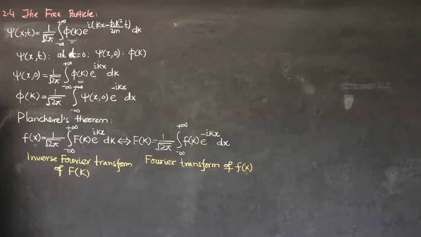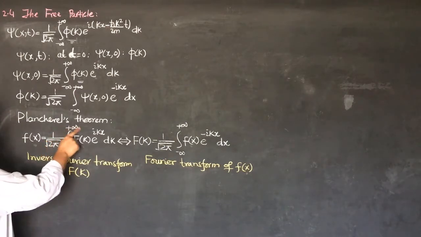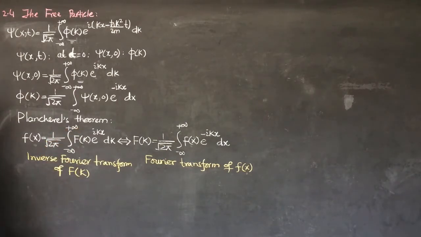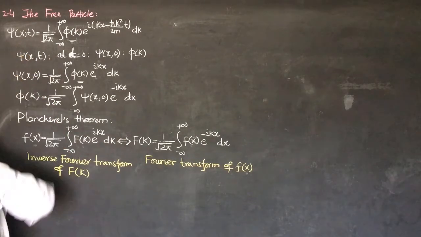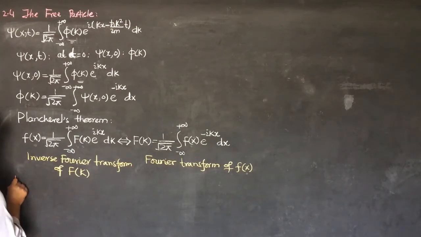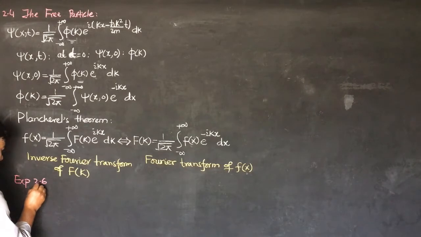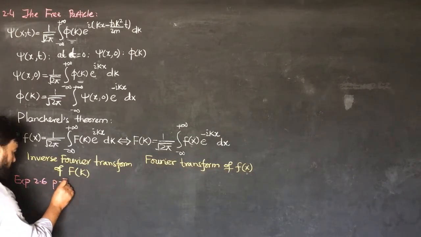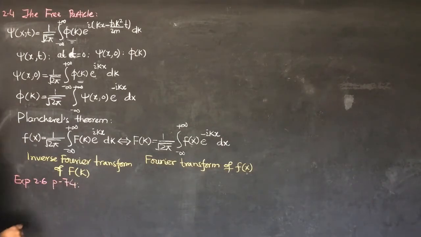Now in order to understand how Plancherel's theorem is working and how we will be able to find our wave function, we want to solve an example, and this is example 2.6, on page 74 of the second edition of Griffiths.